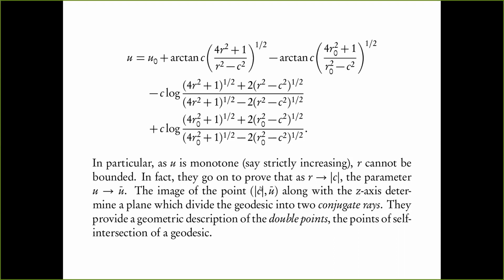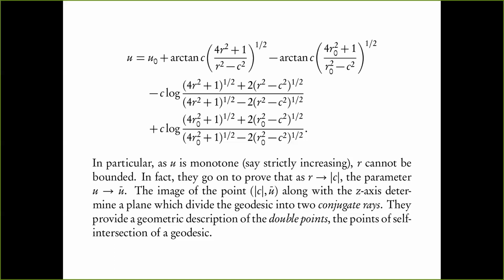If you cut the geodesic along that plane, you're going to get two parts of the geodesic, one ray on one side and one ray on the other side. Technically you shouldn't get two parts because the geodesic winds up, but just pretend that you slice it there and then one of them goes up and clockwise and the other goes up and counterclockwise, but they're conjugate through this reflection principle.